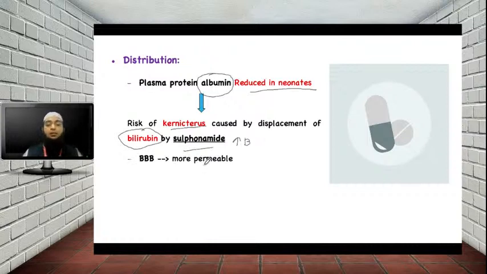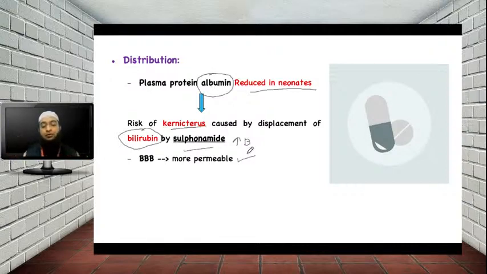Likewise, as far as the blood-brain barrier is concerned, it is observed that in the child, the blood-brain barrier is more permeable. The reason is that the child's blood-brain barrier takes some time to develop. Since it is not completely developed, it is highly permeable to drugs. So any drug which is lipid soluble can go to the brain and may produce adverse drug reactions.